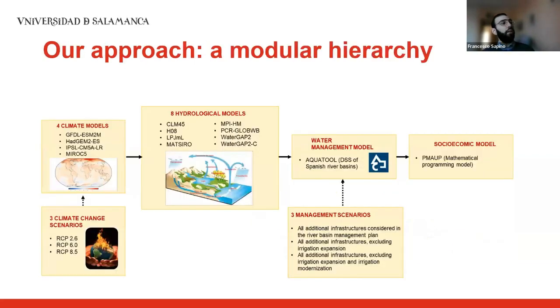So in this area, this is our blueprint of the model that we have used in this project. As you can see, we have a big ensemble of models. Basically, we have different climate scenarios. We have an ensemble of hydroclimatic models, 4 climatic models and 8 hydrological models. And then we have an interaction between the natural system with the water management model and the socioeconomic system with an economic model.